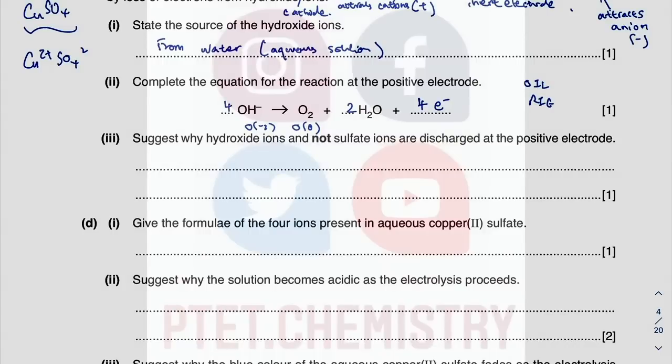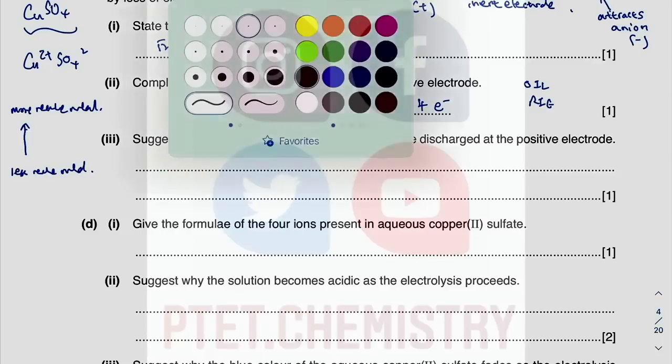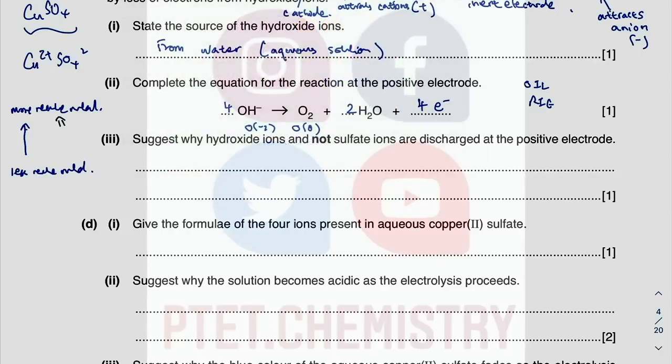So as for part 3, I hope you can appreciate that in the metal reactivity series, we talked about the more reactive metal and the less reactive metal. So in those reactivity series, you will have known that the more reactive metals will be preferentially discharged at the cathode, okay?